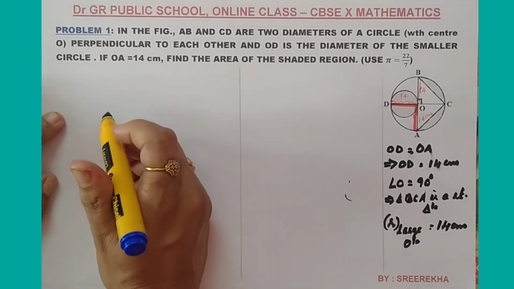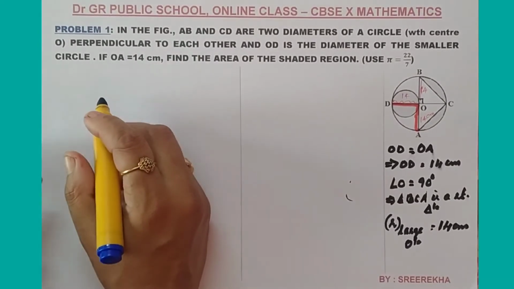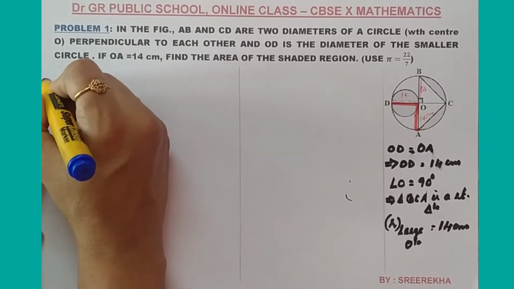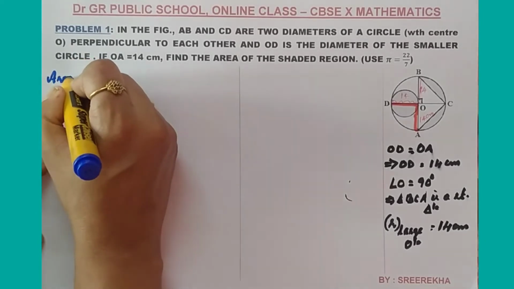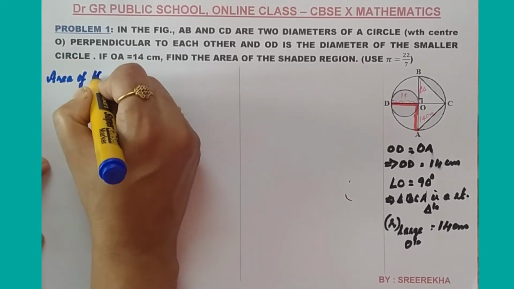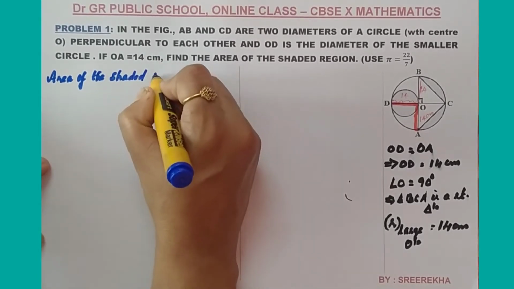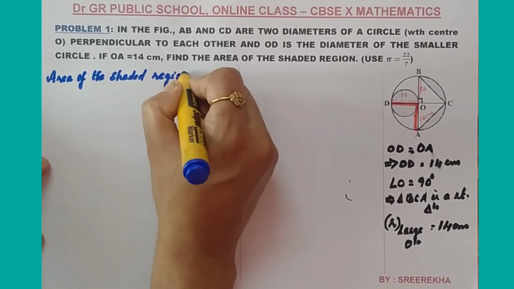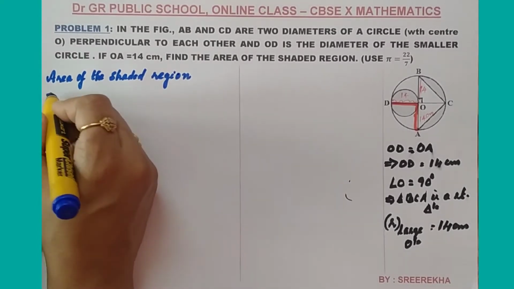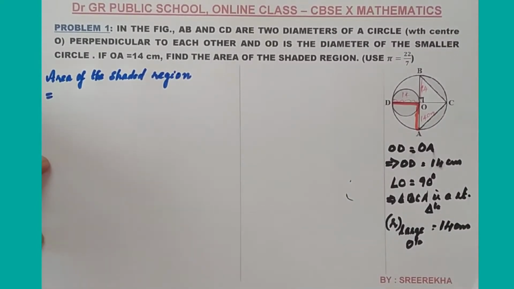Now we can identify the shaded area. Area of the shaded region equals two areas given here.